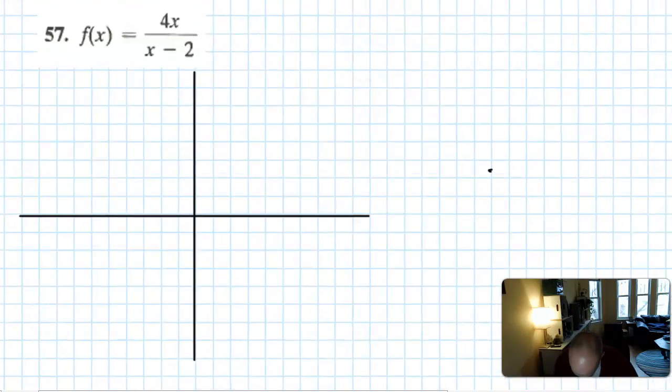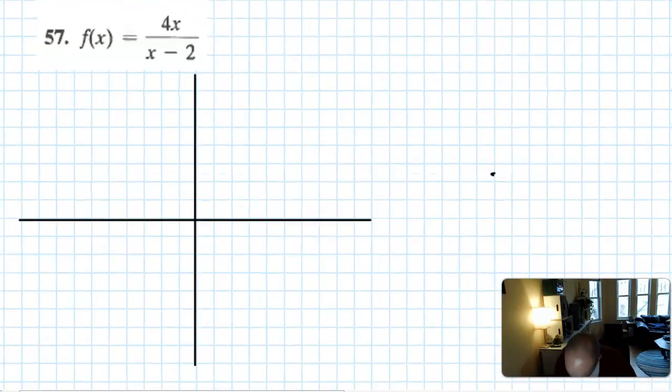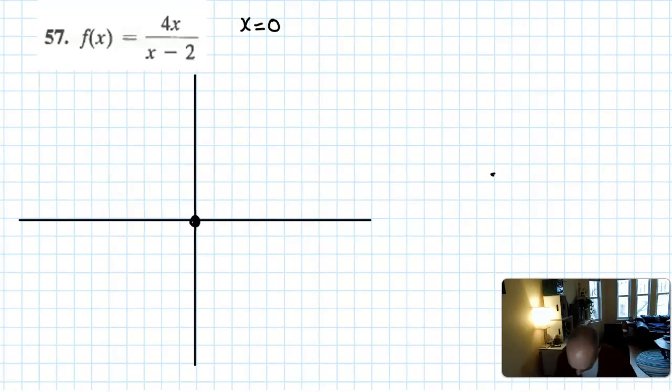All right, so what do we need? Well, we've got an x-intercept at x equals 0, because that's the 0 at the top, that also is now the y-intercept. So we've got both intercepts. We've got a vertical asymptote at x equals 2.